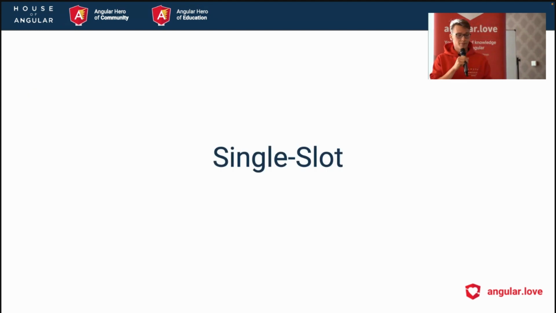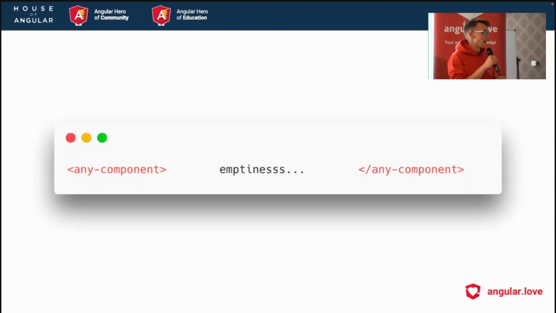Okay, so now we are going to change the implementation that I have shown you before into something that we call content projection. The first part of it is single slot. So we will pass only a single data part, in the area between the two component tags.